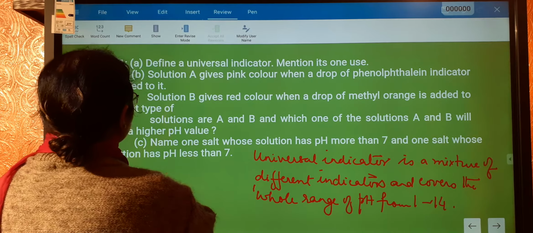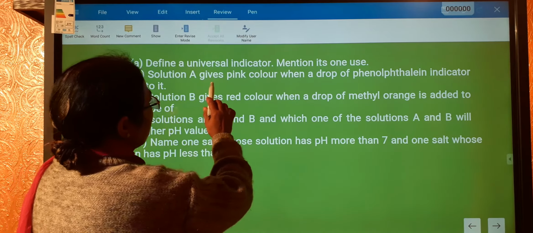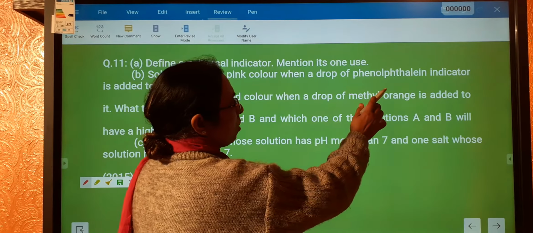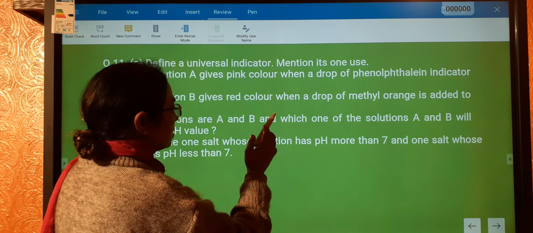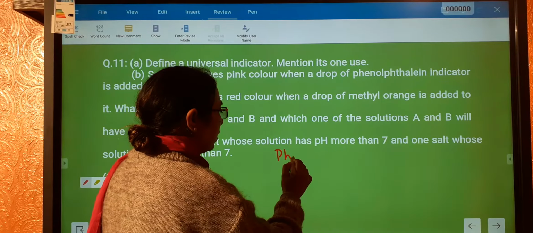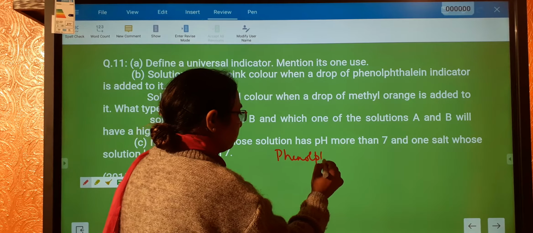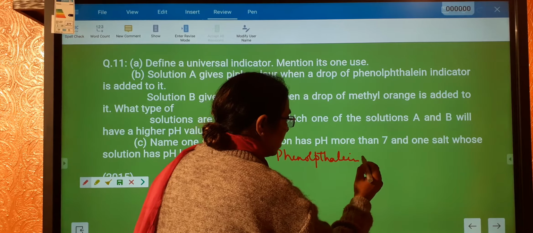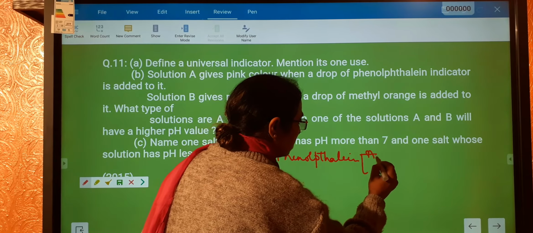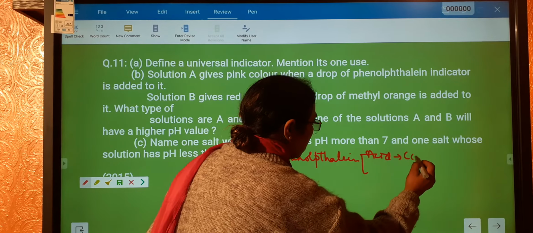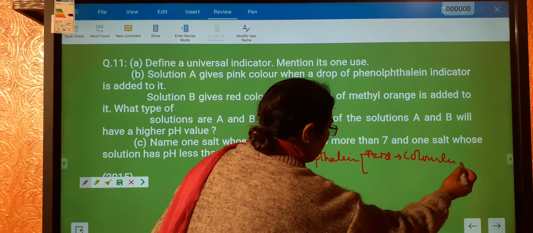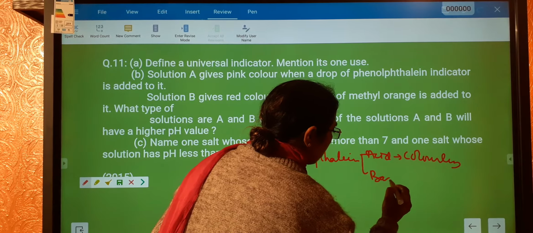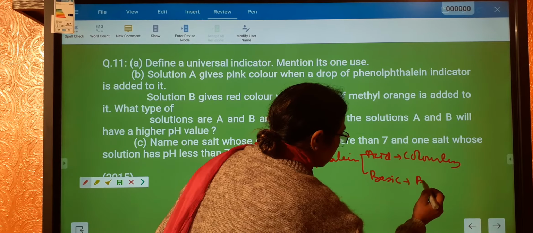Now the next part of it: solution A gives pink color when a drop of phenolphthalein indicator is added to it. Now phenolphthalein is colorless in acid solution, and in basic solution it turns pink.